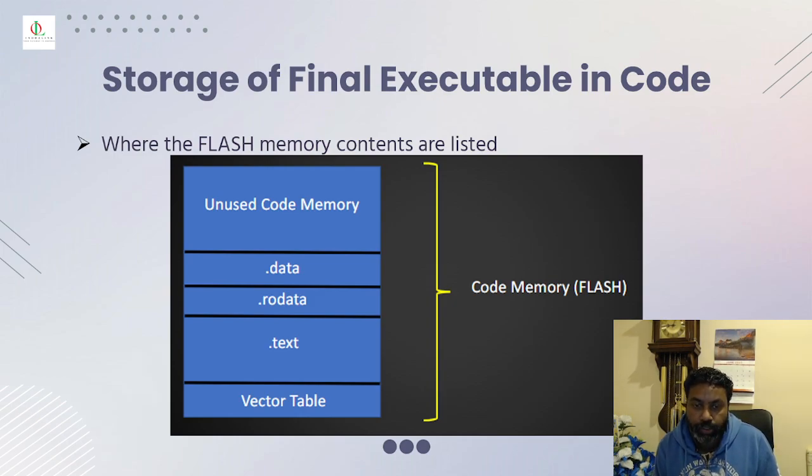Once it allocates and saves that, it goes to .text and saves all those files, then it goes to .rodata and saves those files, and then .data, and then the unused code memory.